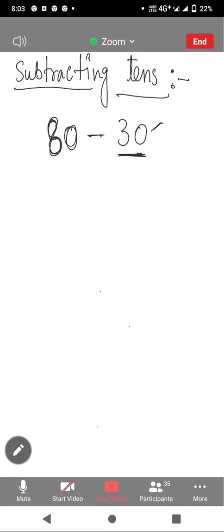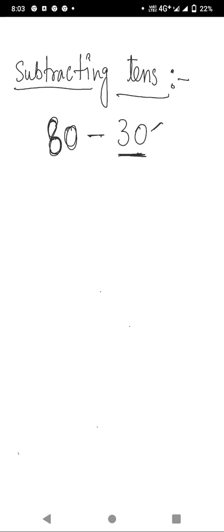Beta, I am not asking ones. In 30, 0 ones is there, okay? But I am asking how many tens are there in 30. So 3 tens are there. This is a tens place, na? So here we have to subtract tens. Okay? So 3 tens we have to subtract from 8 tens.